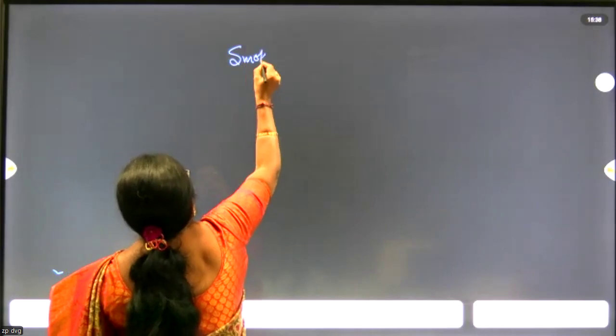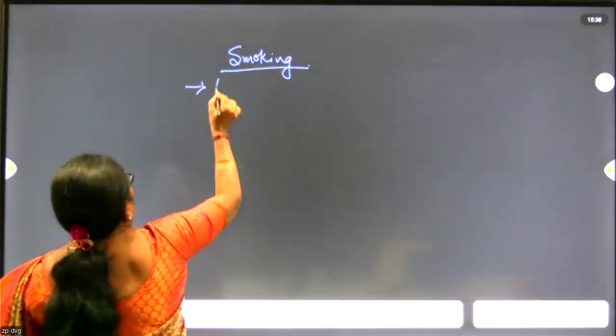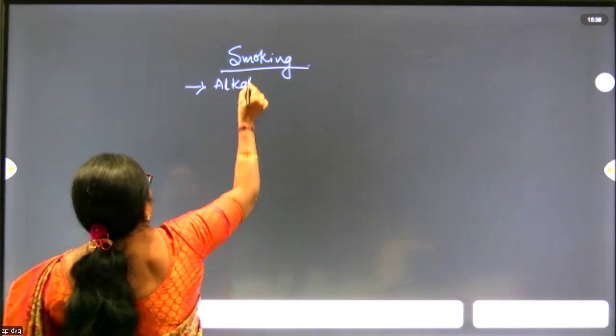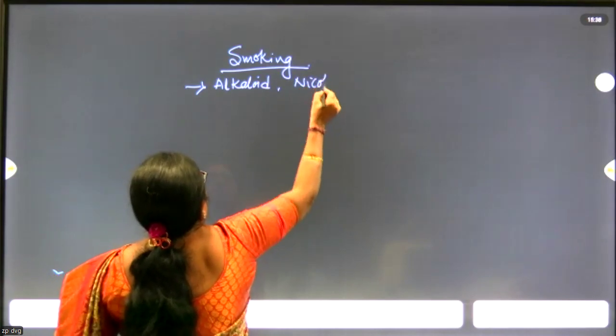Cigarette smoking causes varieties of cancer. So an alkaloid called nicotine is present in it.